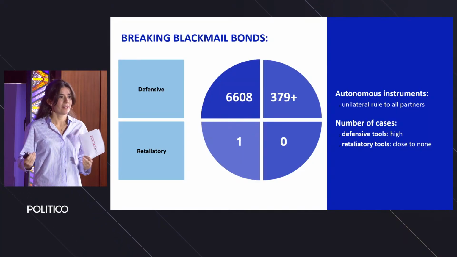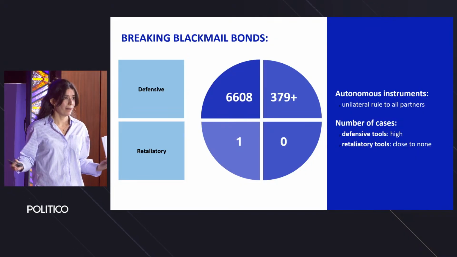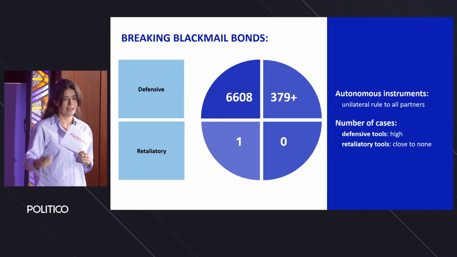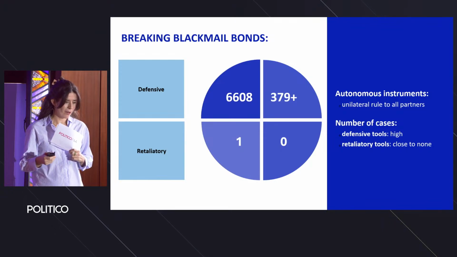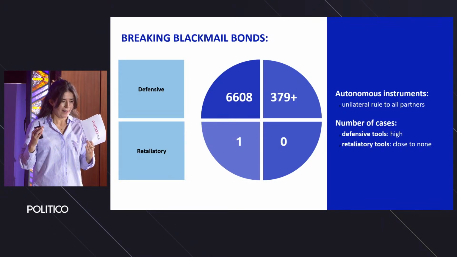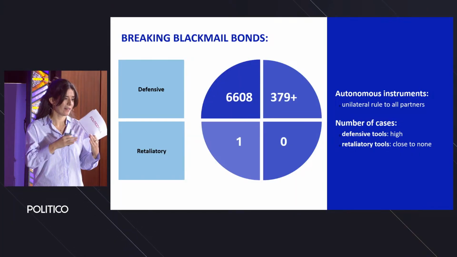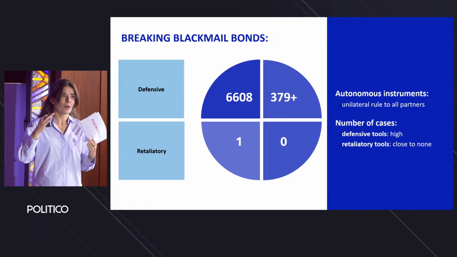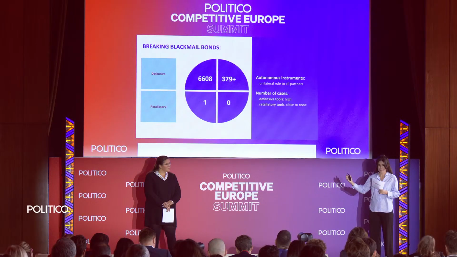And they are autonomous because they apply the same rule to all trade partners, and they can be grouped into defensive and retaliatory tools. The defensive ones aim to detect and prevent foreign interference in investments done in Europe, and the retaliatory ones aim to respond to external actions done by third countries that put the EU at a disadvantage.